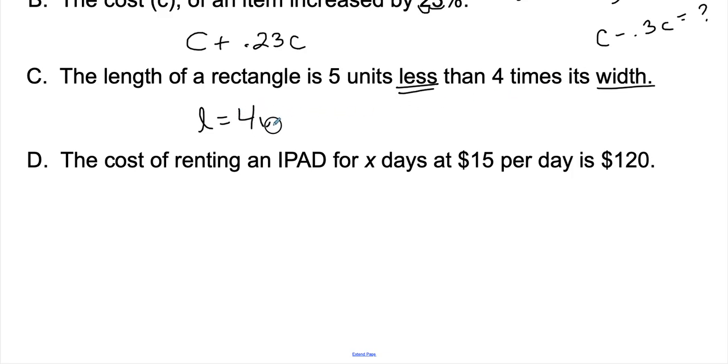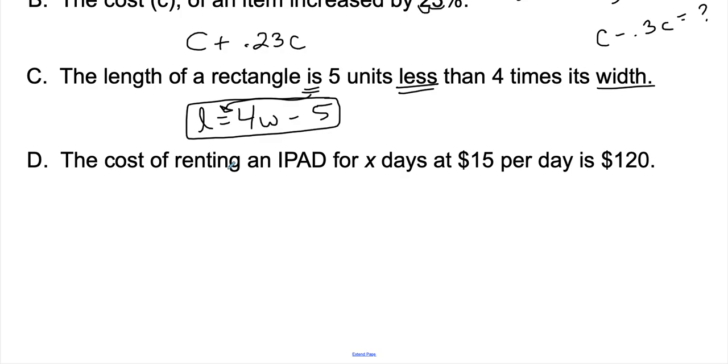So 4w minus 5. So the length is 5 units less than 4 times its width. Okay? So whenever you see "is" there, that generally means you're going to make an equation or you're comparing two different variables. Okay? So "is" for equals.